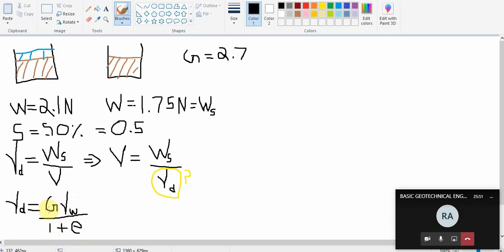Now we know the value of G. It is 2.7, and gamma W is a constant. Its value is 9.81 kilonewton per meter cube. But we do not know the value of e. e is unknown, so we have to find the value of e. Now to find the value of e, we have to make use of this expression.